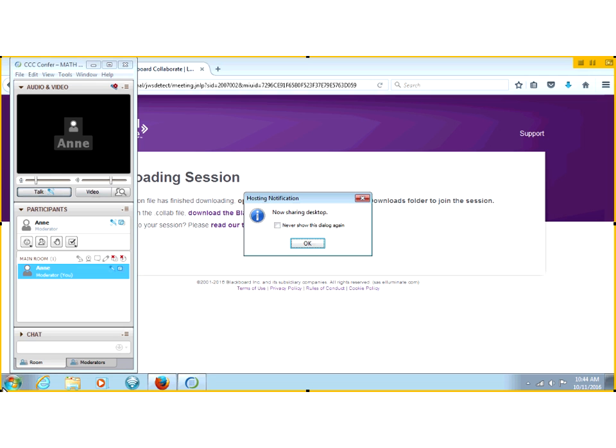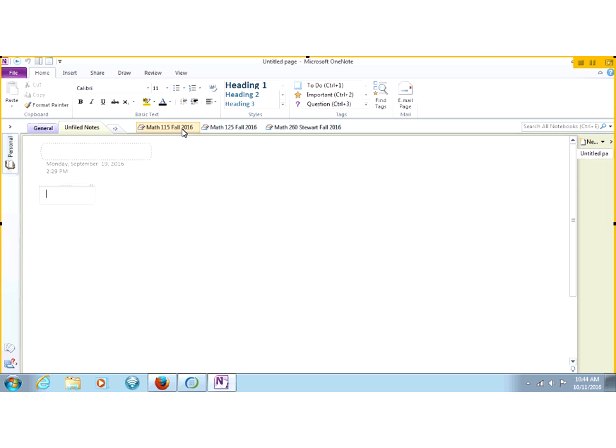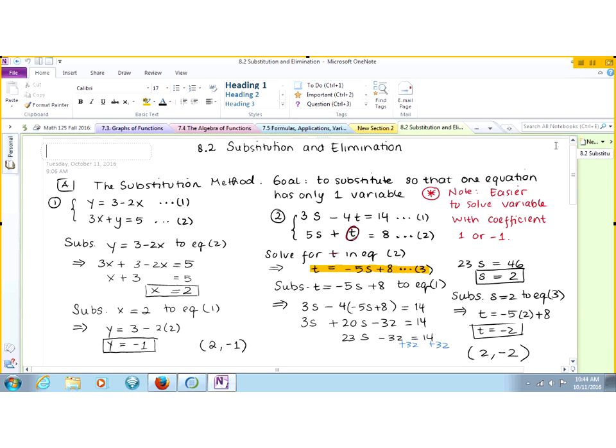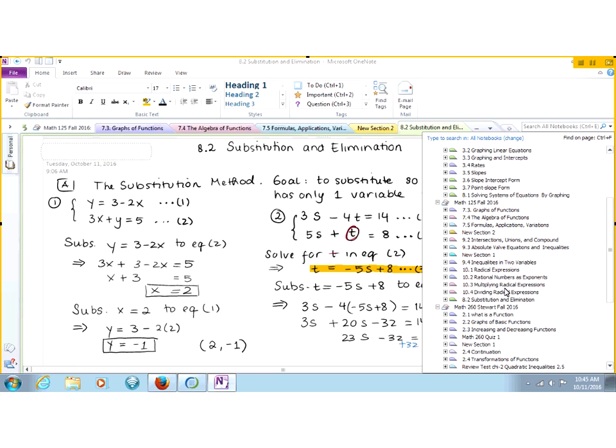All right. Okay, so let's see. Not 115. Sorry, that's 125. 10.5, right? Where is it? How do I find it? Search 10.5. Where is my 10.5?